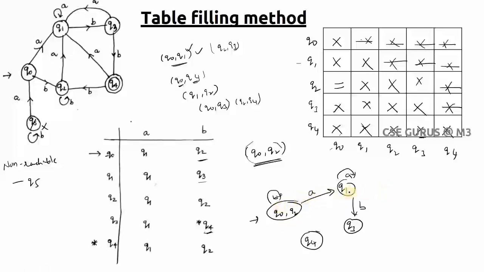Q3 to A, Q1, Q3 to B, Q4, Q4 to A, Q1, Q4 to B, Q2. So like this you need to consider. Anyway, Q4 is the final state.